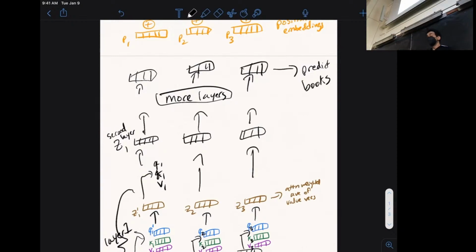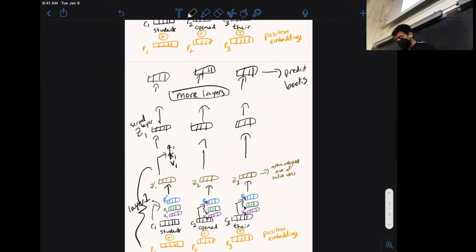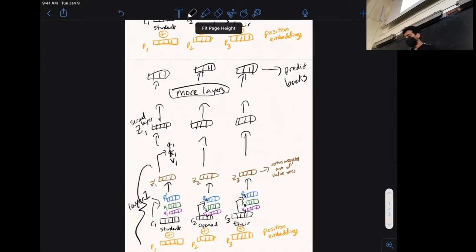If you look at this kind of architecture, you see the position embeddings and the word embeddings are only used once at the very bottom of the network. Then we're just stacking more and more of these attention weighted averages on top of this. And the z's here no longer correspond to an individual word, right?